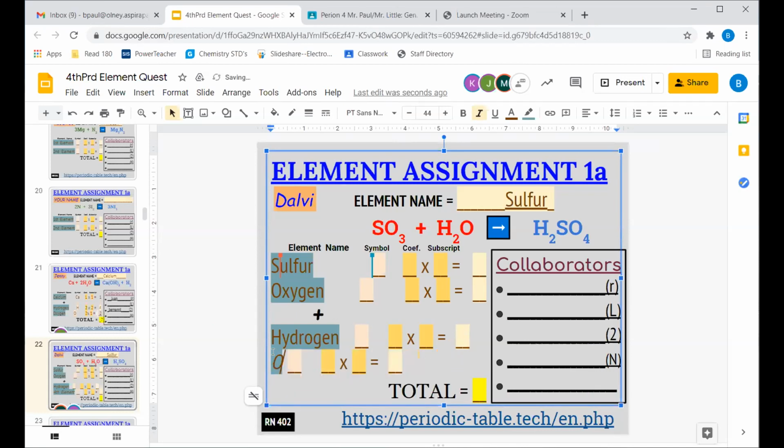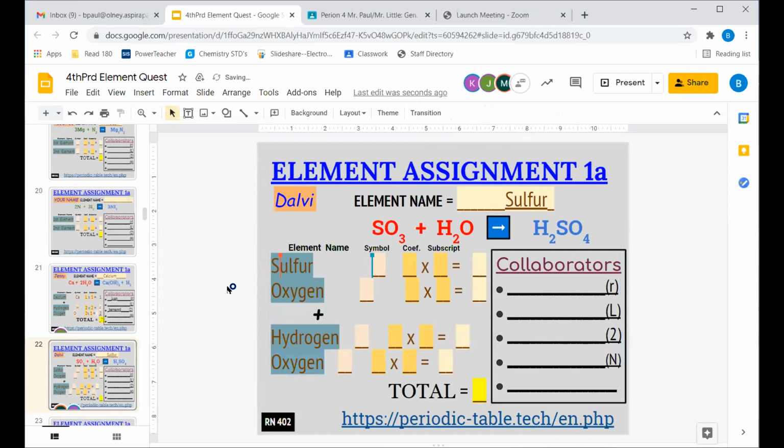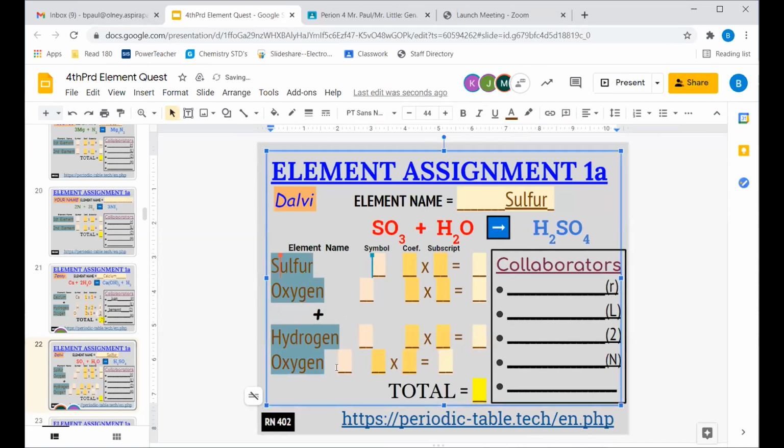I'll just copy from above. All right, Dalvy, where do we want to go from here now? Dalvy?